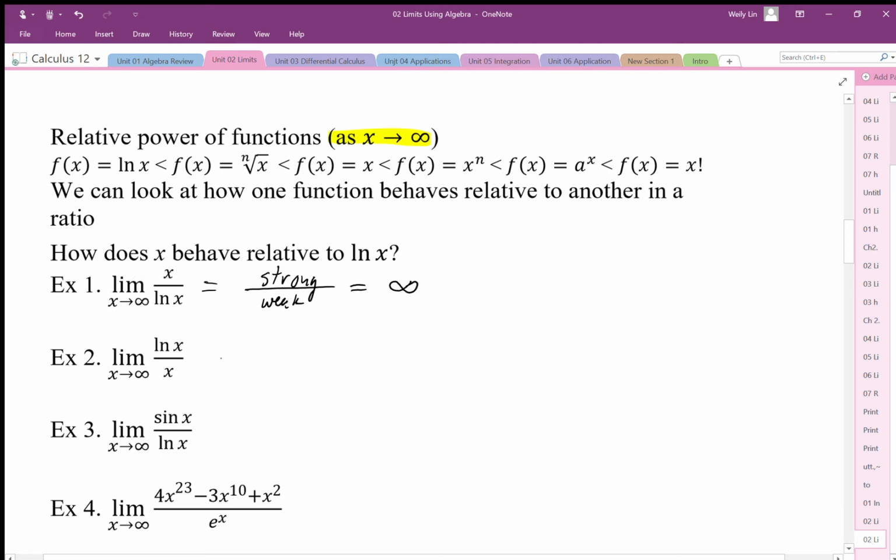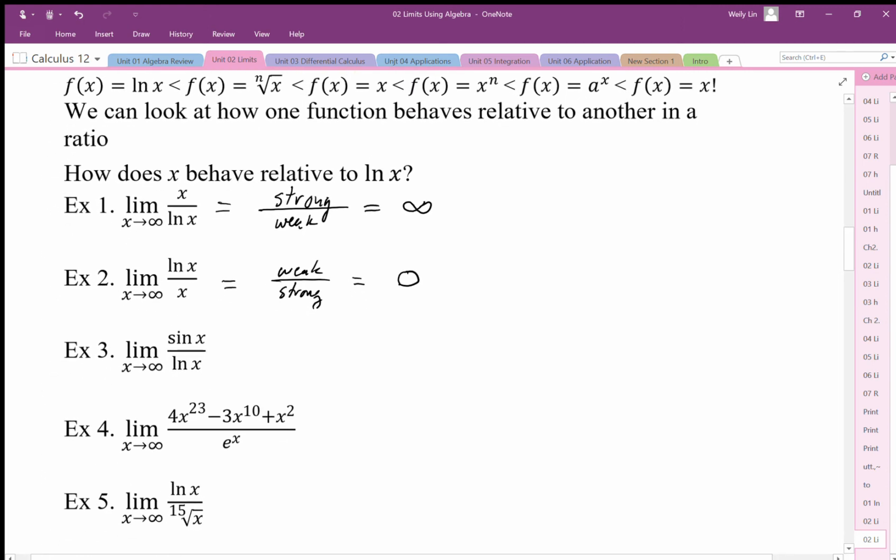And again, the same thing can be done if it's the opposite. Now we have weak over strong. Well, this infinity is way stronger than this infinity on top. So we end up with this situation where this one's going to tend towards 0. Okay. Here we have sine x, which just bounces up and down between 1 and -1, and log x. Well, here the numerator is going to be plus or minus 1.